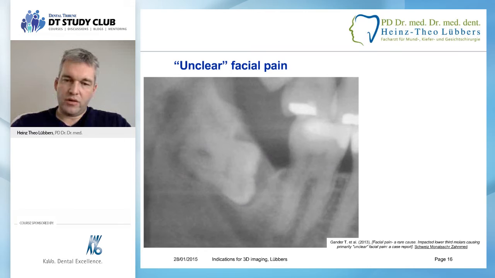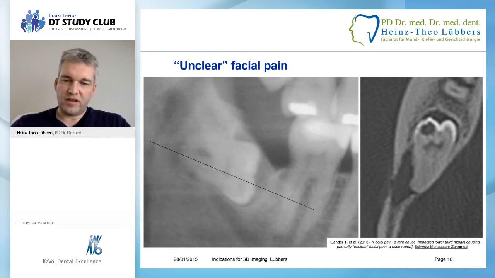We did a CT scan at that time, and we easily found the problem. If you look at this axial slide here, you can see the tooth which is in here. You can see the lesion here. You can see the periapical lesion. You can see the beginning abscess formation here. So it's a pretty clear indication how you might want to treat this patient. Removal of the wisdom tooth, and the problems are gone.